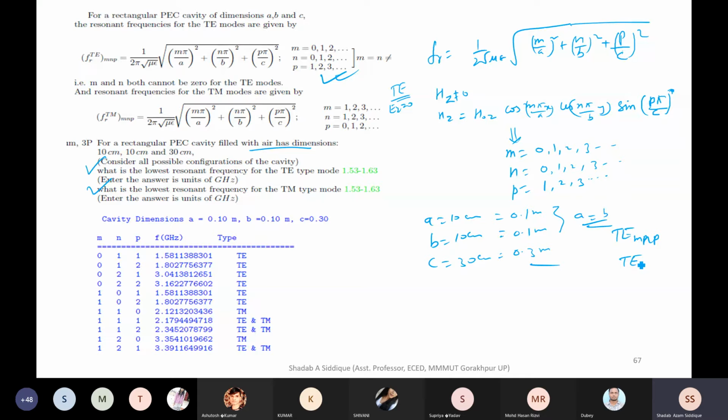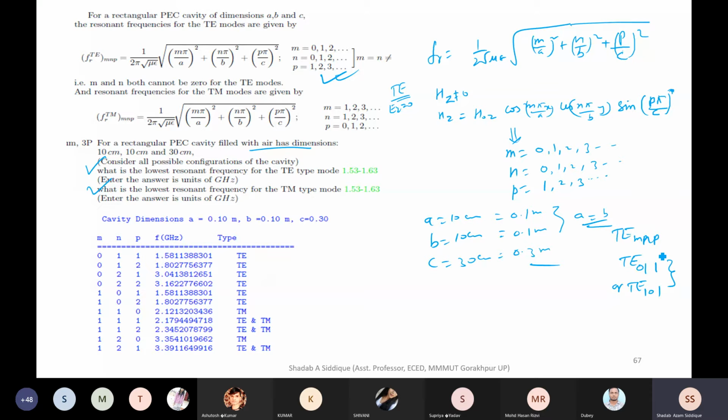Lowest resonant frequency means cutoff frequency. So for TE, p should be fixed at 1. It may be TE 0, 1, 1 or TE 1, 0, 1. Both are the same because A equal to B.